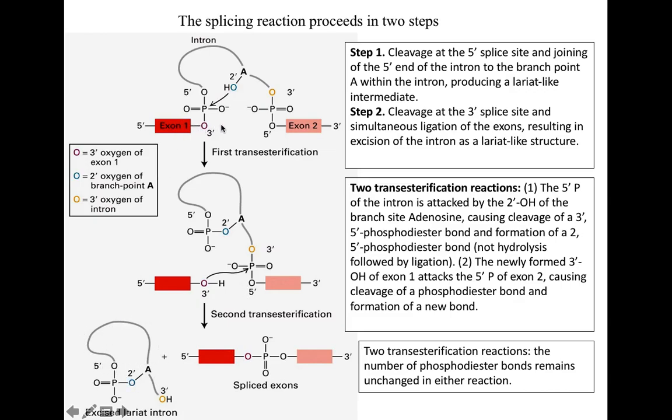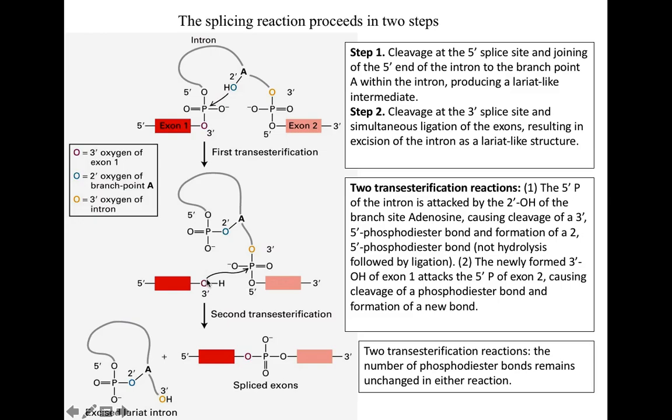If I repeat it, the first transesterification reaction takes place at the 5' end in order to cleave it off, which is carried out by the attack of the 2' hydroxyl group from the adenine, which was the branch point. It attacks the 5' end of the intron here and cleaves it off, and we are left with a 3' hydroxyl at exon 1.